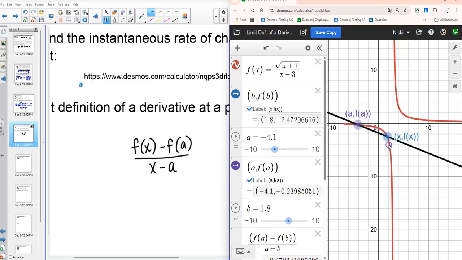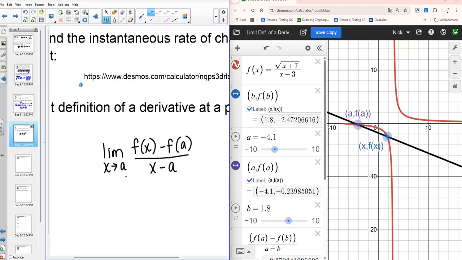Approach a. So if I take this formula and I add the limit as x approaches a, I have the limit definition of a derivative here. A derivative is going to be the slope of your tangent line. It is also your instantaneous rate of change here.